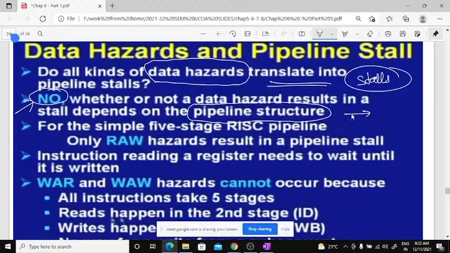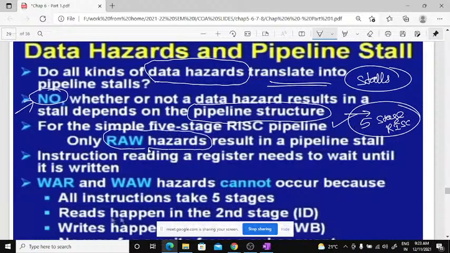For the simple 5-stage RISC pipeline, as we discussed yesterday, only the RAW, read after write, hazards result in a pipeline stall.